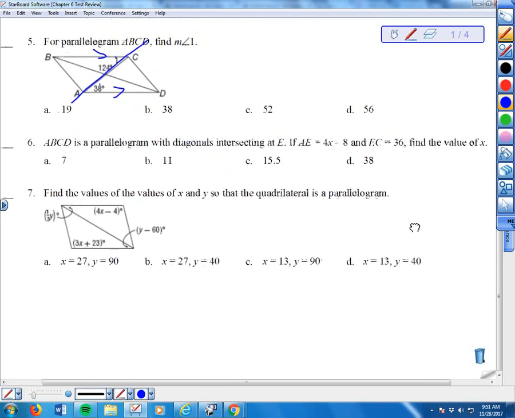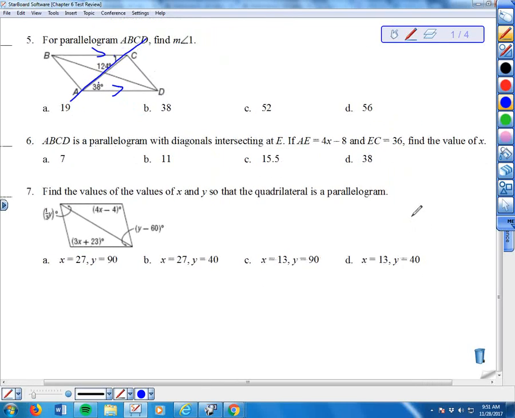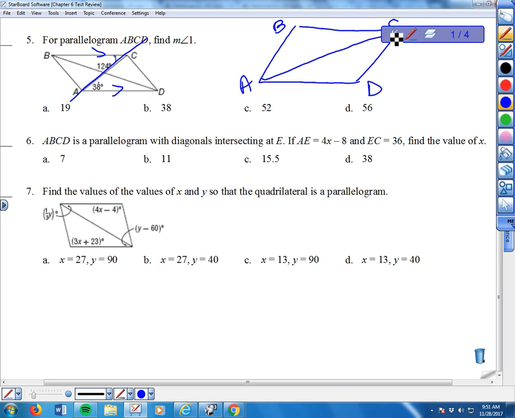Okay, if ABCD is a parallelogram, I'm going to go ahead and sketch that. Not very good, but. And the diagonals intersect. What's special about diagonals of a parallelogram? They bisect each other. And this is E. AE is equal to 4x minus 8.